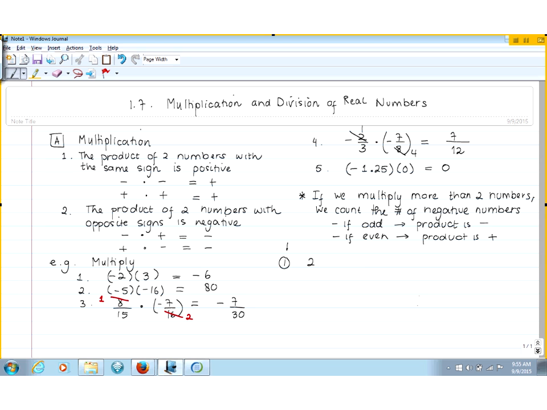So for example, if I have 2, so multiply. 2 times negative 3 times 5 times negative 1. And 3 times 2 times negative 7 times negative 1 times negative 2.